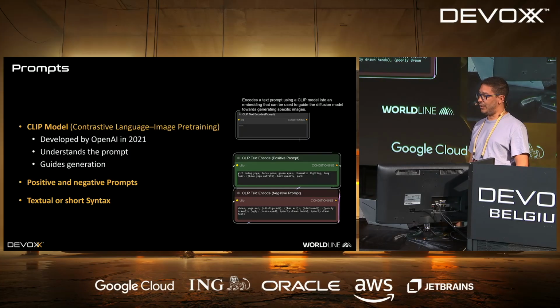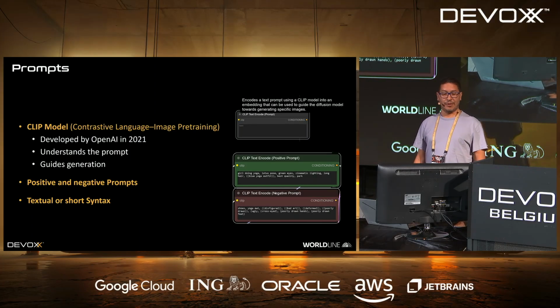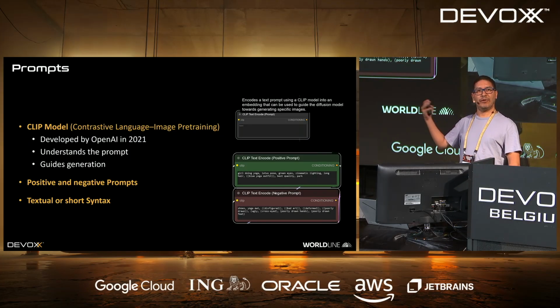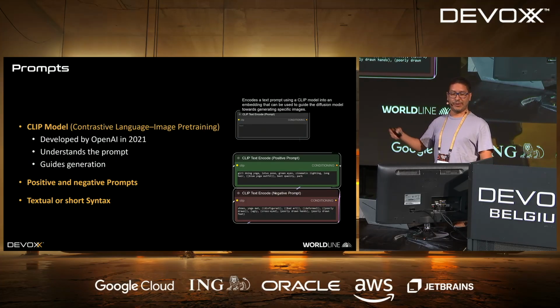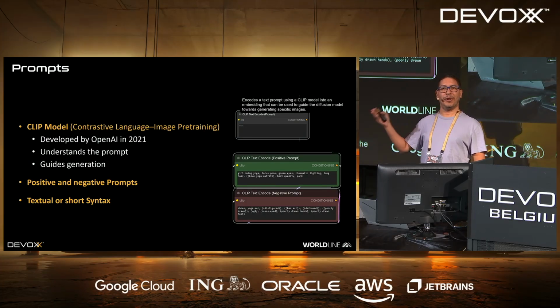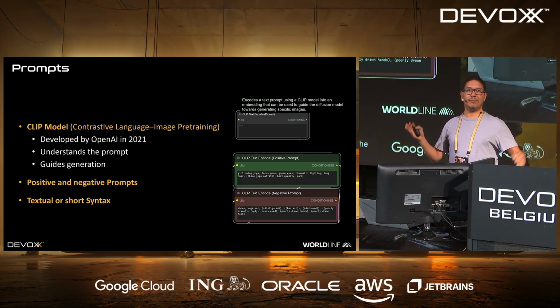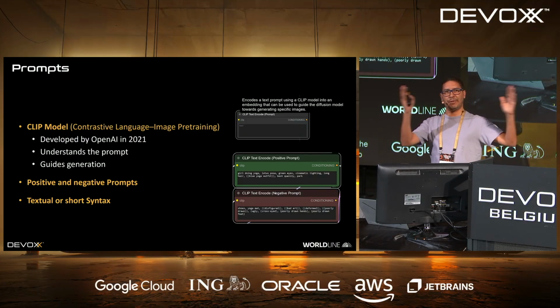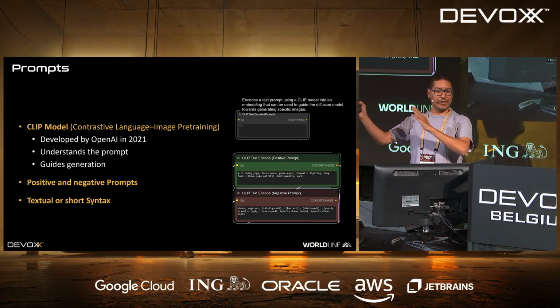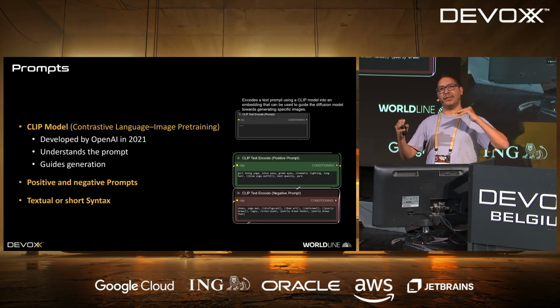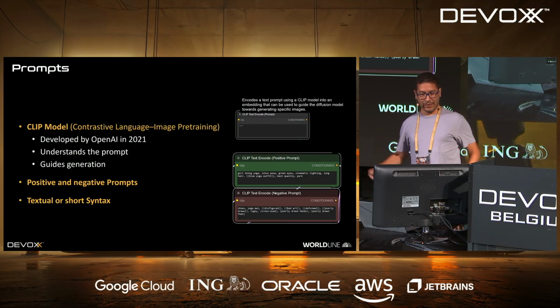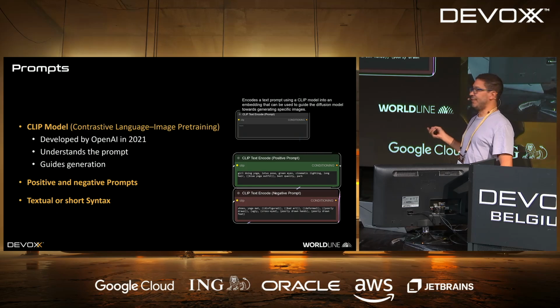The other important node here is the prompt. Okay, it's using another model that is called CLIP, developed at the same time, 2021, by OpenAI, right? And basically what it will do is the correspondence between the text and the features of the image. So it understands the prompt and then it will guide the generation. Right? You can have a positive or negative prompt, what you want, what you don't want in the image.